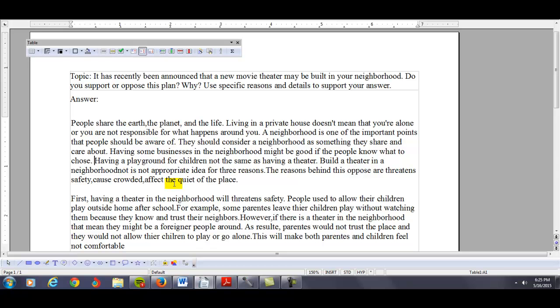Having a playground for children, you need a verb in here, is not the same as having a theater. Building a theater, you need a gerund here, in a neighborhood, is not an appropriate idea.